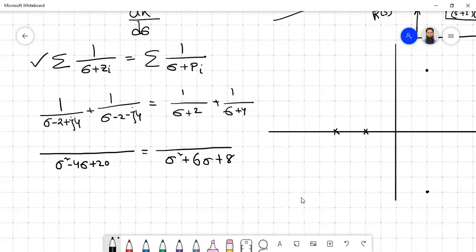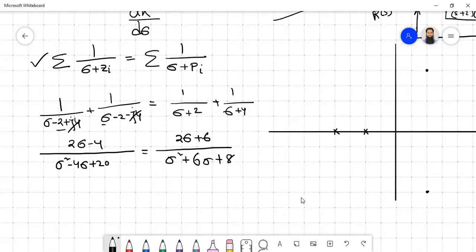Now if you add these two in the numerator, this portion will be cancelled. What we get is 2 sigma minus 4, and here you will have 2 sigma plus 6. Just cross multiply and simplify.